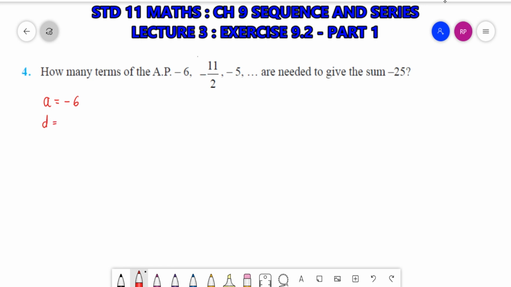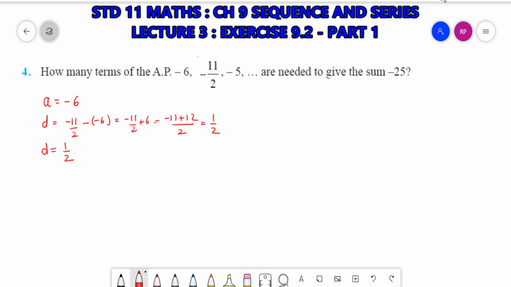Difference d, that is minus 11 by 2 minus minus 6. This will be equal to minus 11 by 2 plus 6. So minus 11 plus 12 by 2, and that is equal to 1 by 2. The difference d is equal to 1 upon 2.